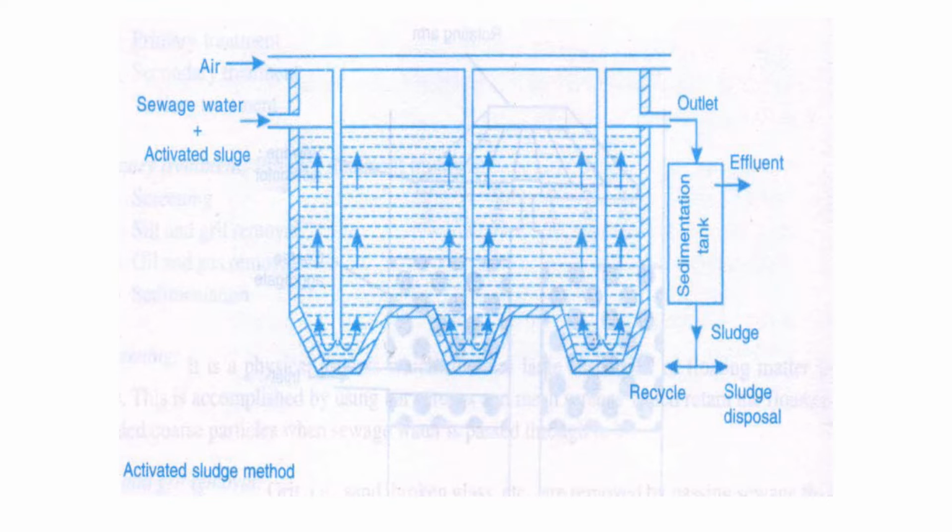Air is able to move through, and the microorganisms associated with the sludge, using this excess oxygen present in the air, will be able to oxidize all the organic matter present in the sewage, thus converting organic matter into carbon dioxide and water. So thus freeing the sewage from biologically oxidizable organic matter.